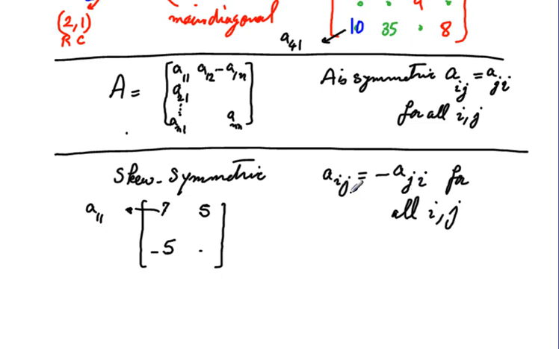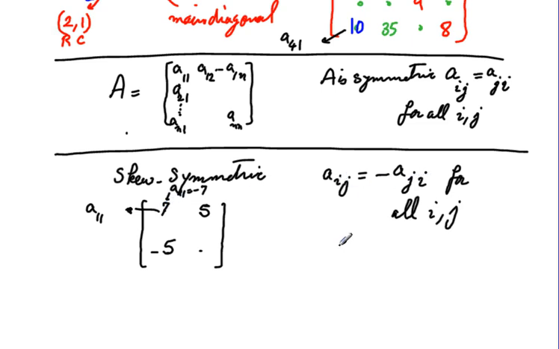This is saying if I flip the row and column, I have to get something that is the negative of this. Well, if I flip the row and column, I'm still looking at A11. But if A11 wanted to be 7, after I flip the indices, I have to get -7. So I cannot put a number like 7 here because it doesn't match this description.